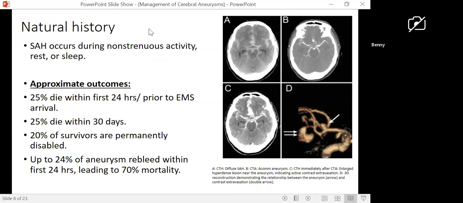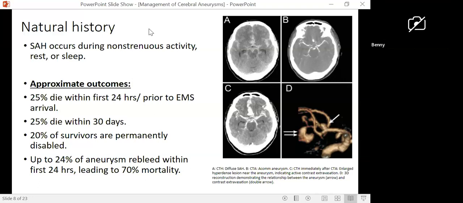It's always something not strenuous. It's really not related to exercise or anything like that. I've only had one patient have a ruptured aneurysm while arguing with her husband, but 99% of the time, it's just a completely random event, not related to activity.